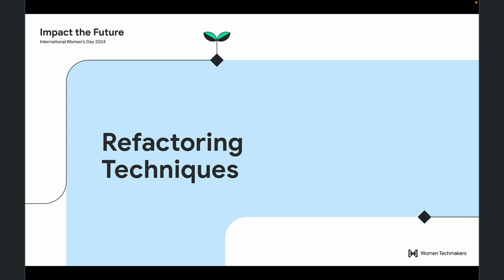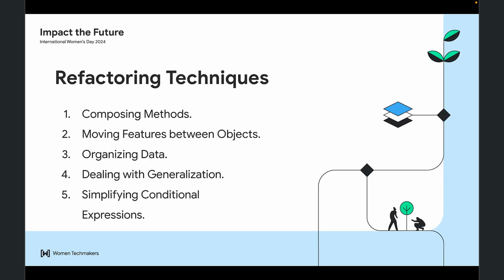And now quickly we're going to look at refactoring techniques. Moving on quickly. So first of all, we have composing methods. In this case, the refactoring is basically devoted to correcting methods, like we talked about earlier, the long methods.